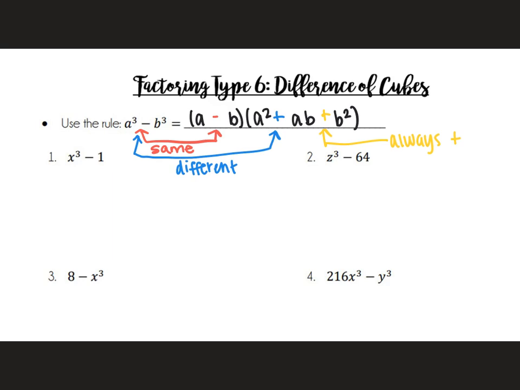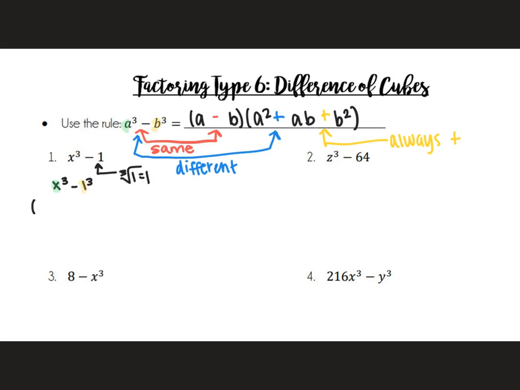Just like before, I want to rewrite so that it's written as x cubed minus a number cubed. The cube root of 1 is 1. So this is really x cubed minus 1 cubed. As you see, x is a, 1 is b. I take that information and plug it into my formula.